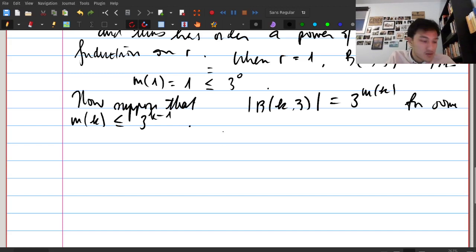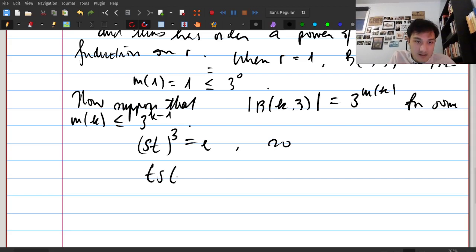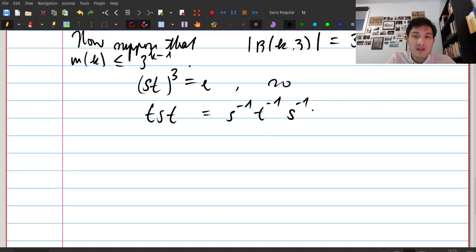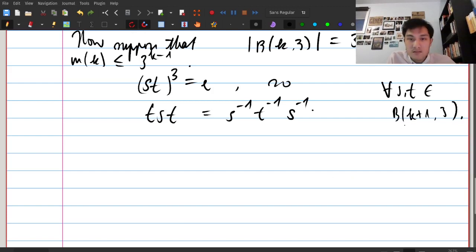We have (st)^3 equals e, so tst is equal to s inverse t inverse s inverse. That's just by taking this thing expanded out, st, and then doing some inverses. This holds for all s, t in the group B(k+1,3).